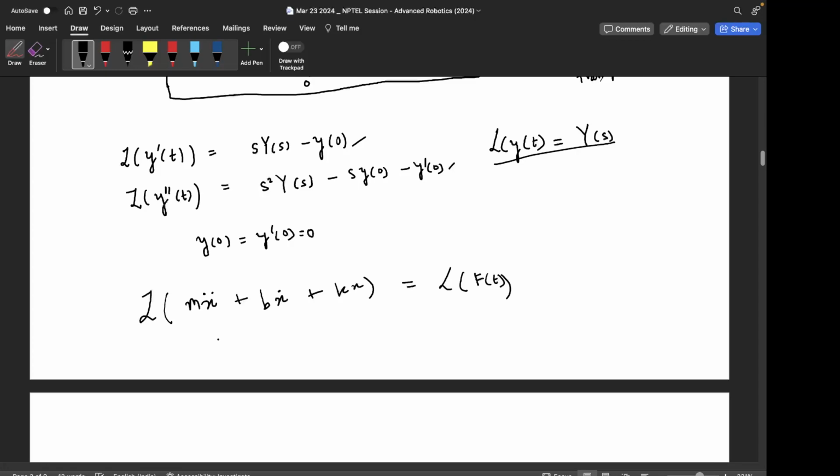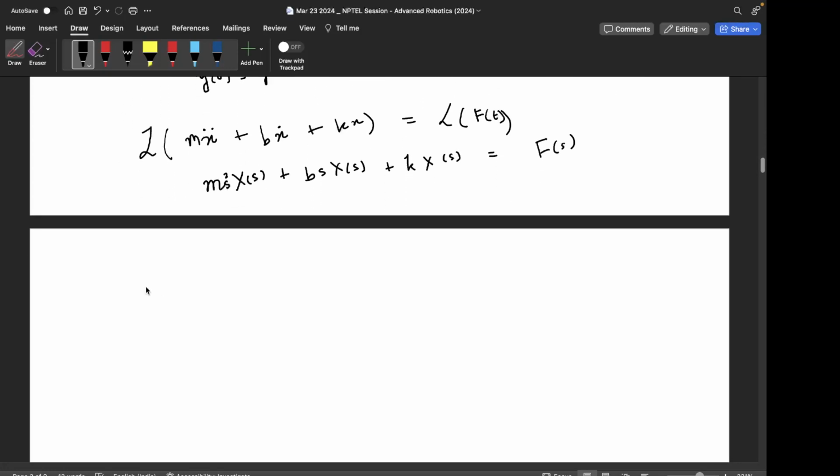Right, so this turns out to be, if we use the above relations, ms² X(s) plus bs X(s) plus k X(s) is equal to F(s).